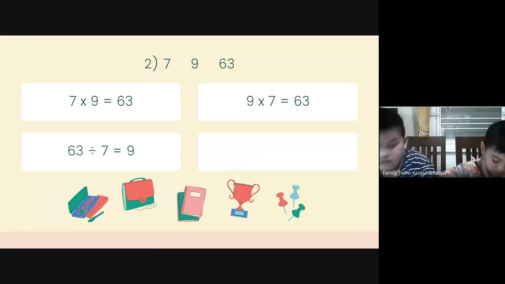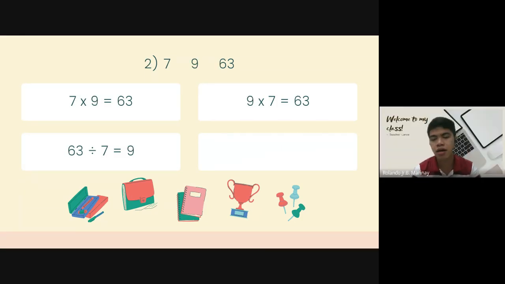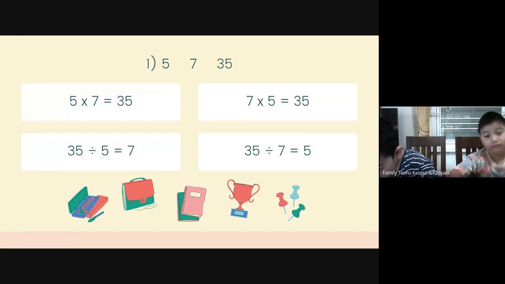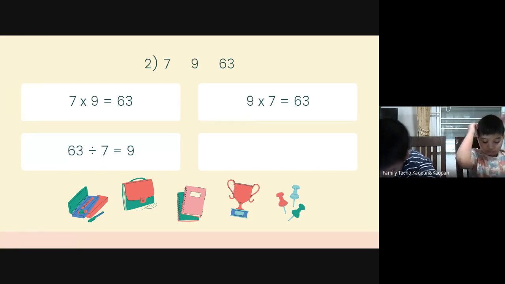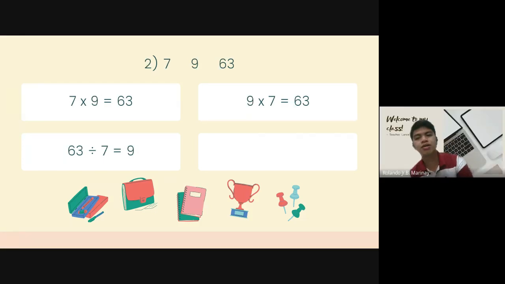For number 2, we have the numbers 7, 9, and 63. We're just going to use them in 2 operations.